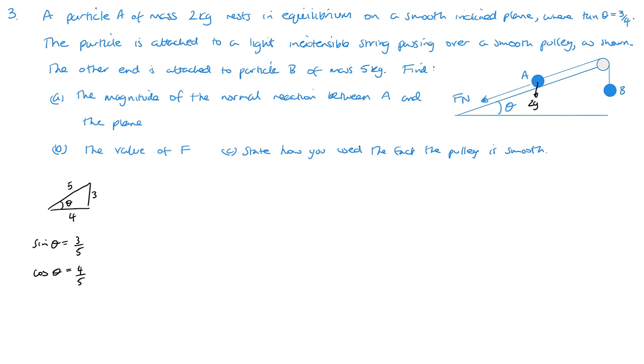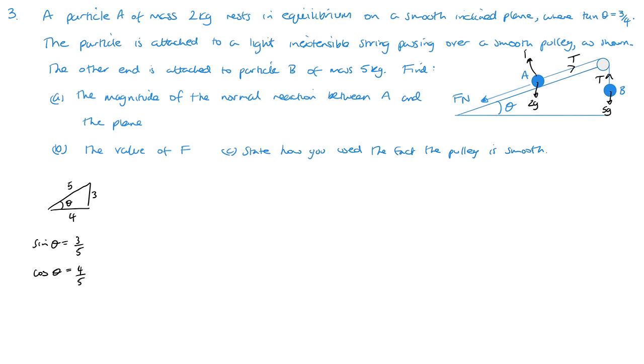The particle is attached to a light inextensible string passing over a smooth pulley as shown. The other end is attached to a 5 kilogram mass. So 5g newtons going down. That's tension there. That's tension there.